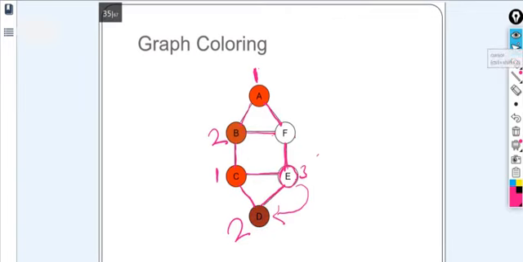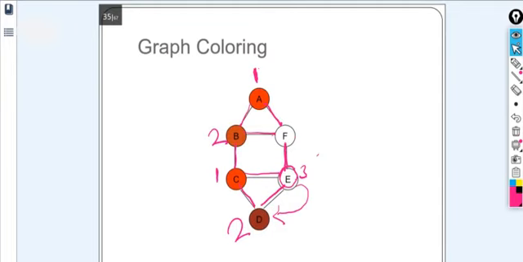Is any color possible for the D? Yes. In the previous step we decided color number 2, right? Now I'm changing it. 1 of course cannot be filled, but now I'm changing the color of the D node here. Color number 3 we are placing here.